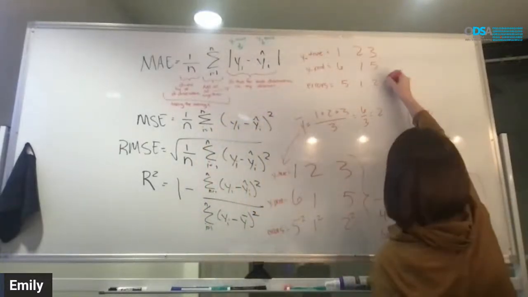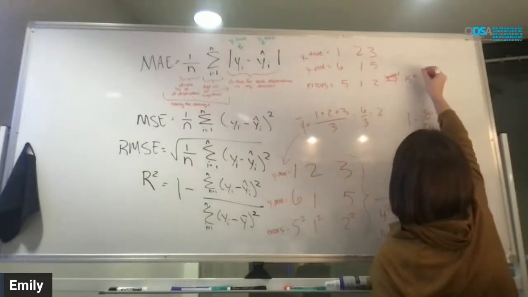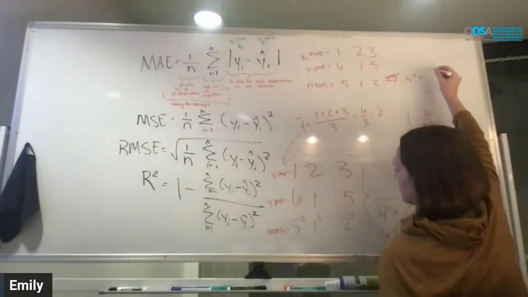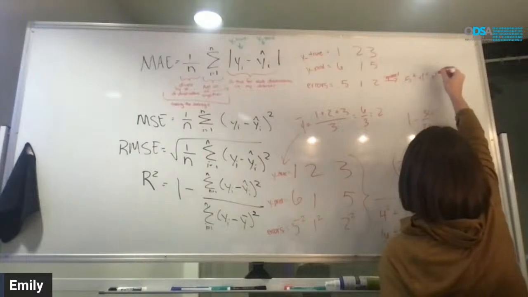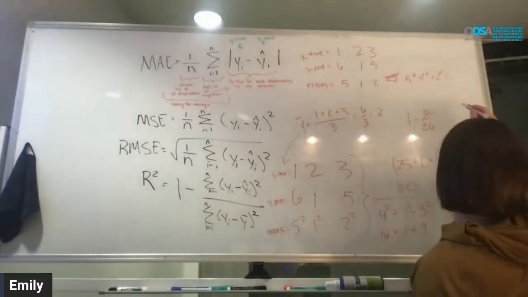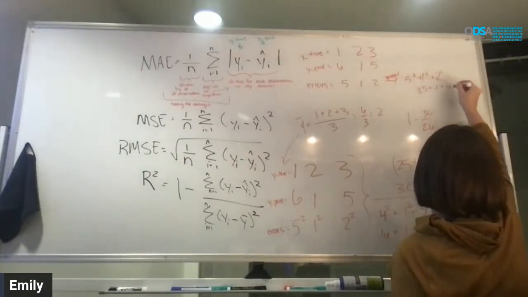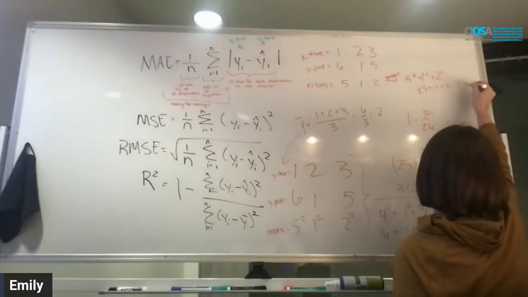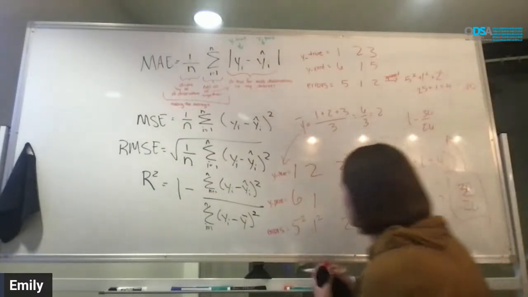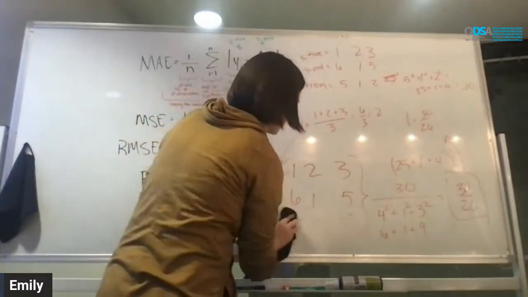And if we square those, it's 5 squared, which equals 25, plus 1 plus 4, which equals 30.